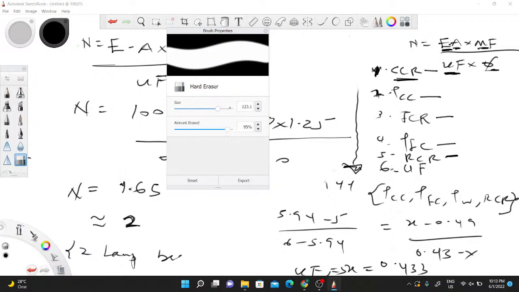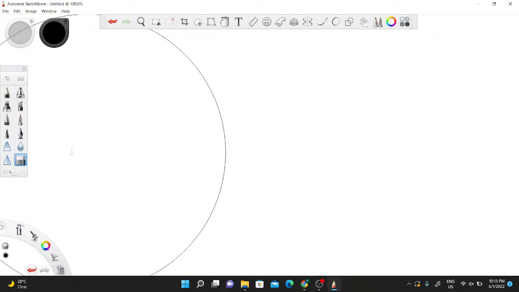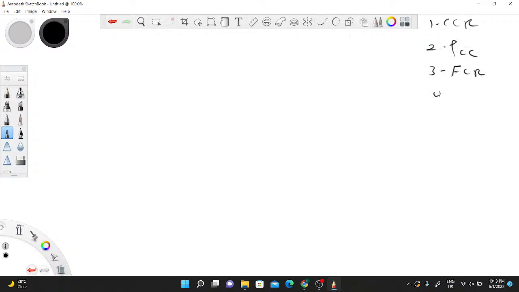So let me write the steps. Step 1, find CCR. Step 2, find row CC. Step 3, find FCR. Step 4, find row FC.